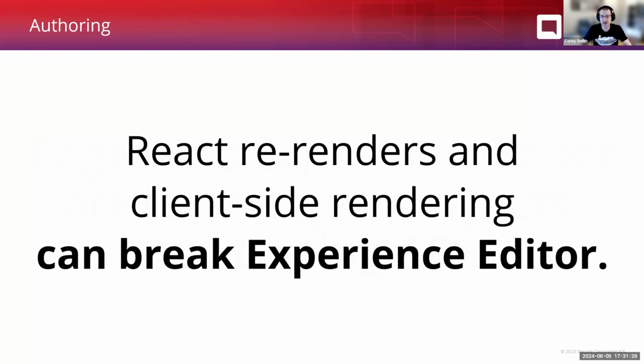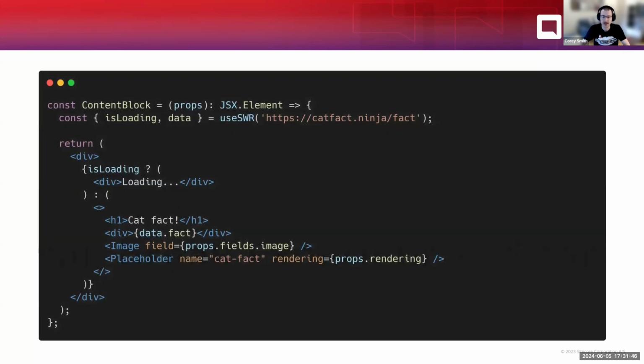The biggest reason for this is that React re-renders and any kind of client-side rendering can break the experience editor. Experience editor, being built on server-side rendering technologies many years ago, is very sensitive to client-side rendering. So if we look back at our content block example from before, I've refactored this a little bit.